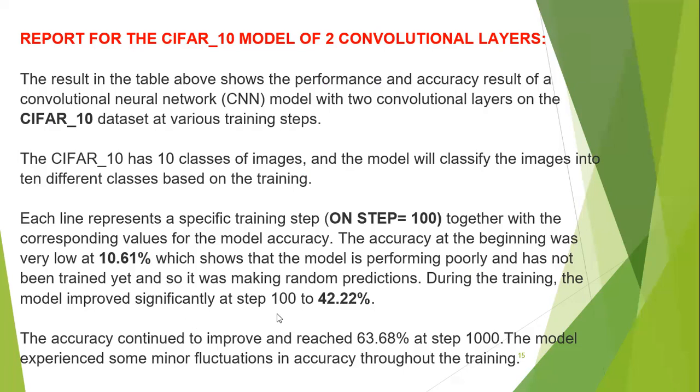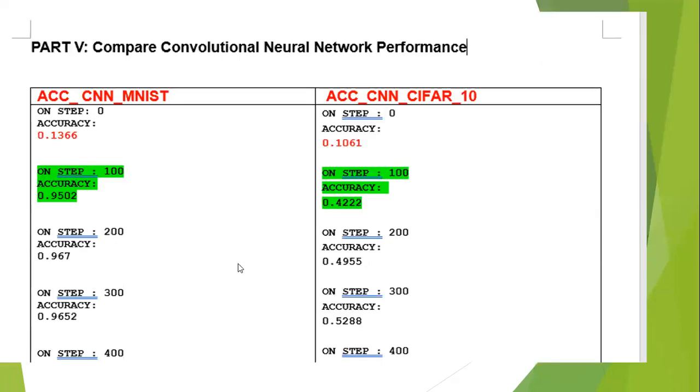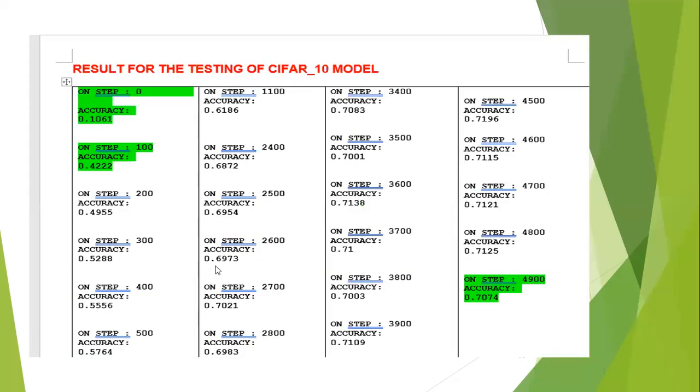At step 100, it jumped to 42.22%. The accuracy continued to improve, with minor fluctuations throughout the training. As you can see, it goes up and it goes down.